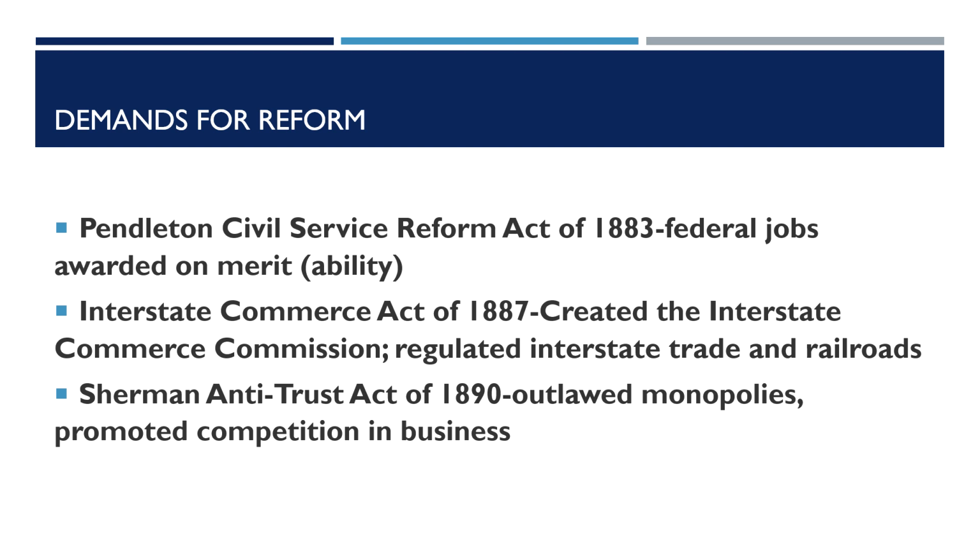Another important piece of legislation was the Interstate Commerce Act of 1887. This created the Interstate Commerce Commission. And what it did is it regulated or put laws in place when it came to interstate trade and railroads.